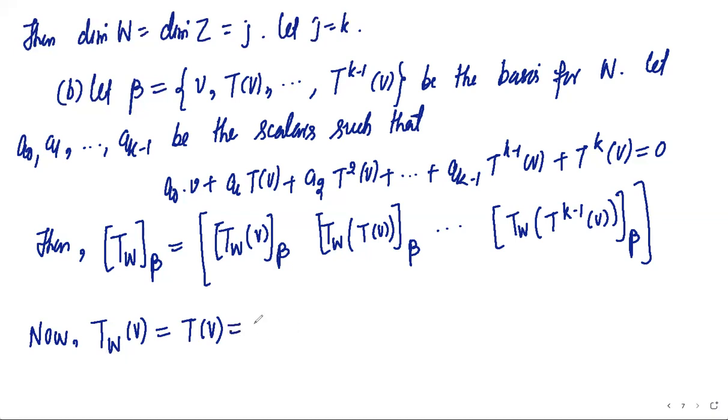So therefore, now we have to express this as a linear combination in this basis beta. We can write it as 0 times v plus 1 T of v, then 0 T square of v, then so on, then 0 T^(k-1) of v.